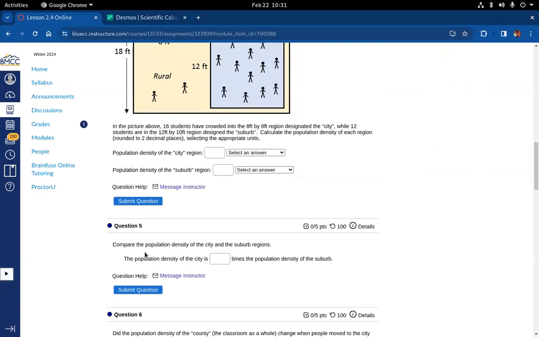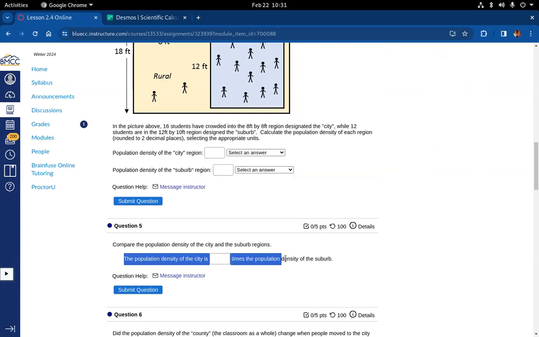All right, compare the population density of the city to the suburb. The population density of the city is blank times the population density of the suburb. So we've looked at relationships like that before in some other projects that we did.